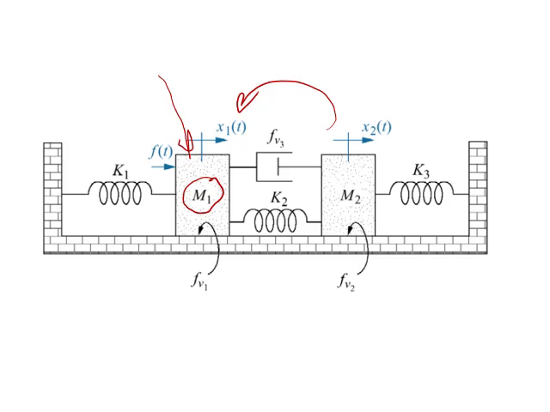When I want to develop the equation, I will consider, for example, M1. The equation of M1 will be described by the elements connected directly to M1 and the elements coming from the displacement of M2. Let us see it in the next slide.